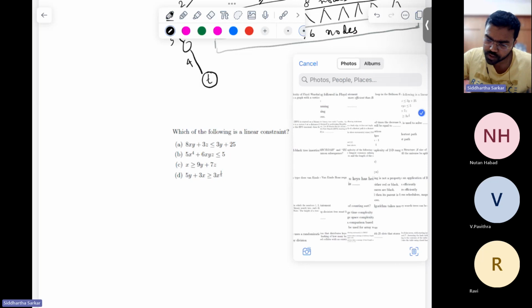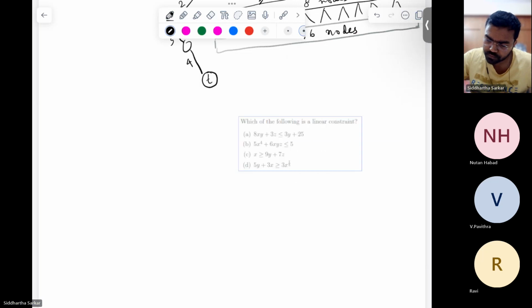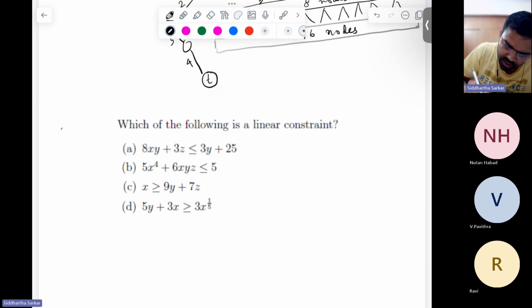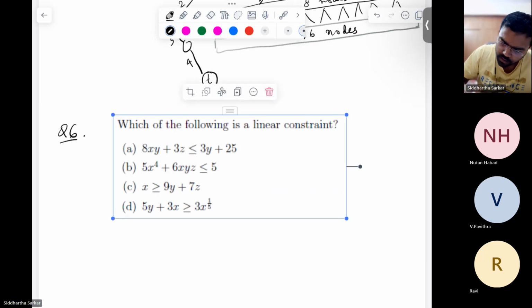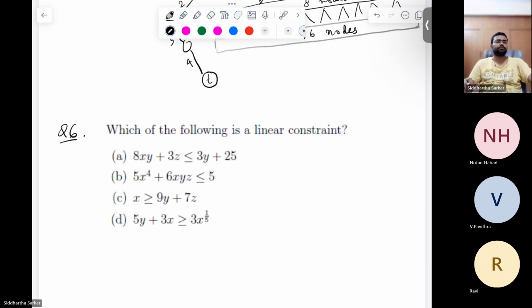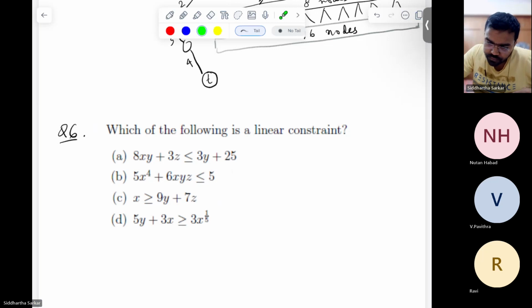So this is the 6th question for today. Question 6. Which of the following is a linear constraint? What is a linear constraint? So linear means degree 1. So basically, you can think of a constraint as an inequality.